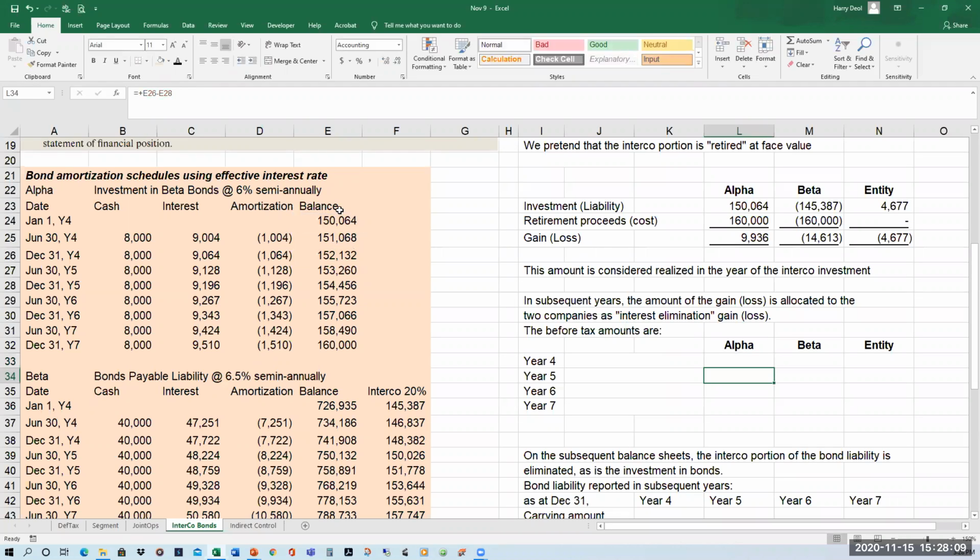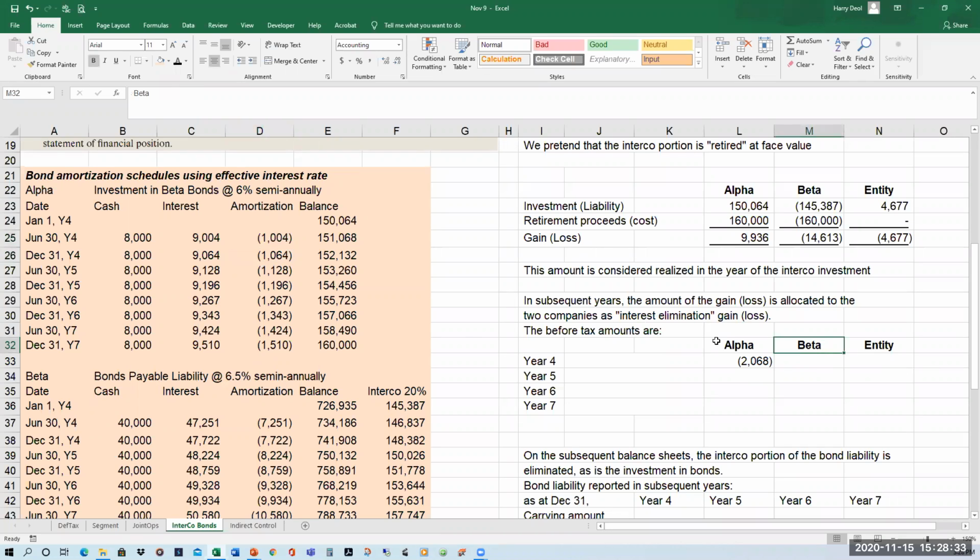So this shrinkage is seen as an interest elimination loss. So because of the interest elimination, there is going to be a loss allocated to Alpha.